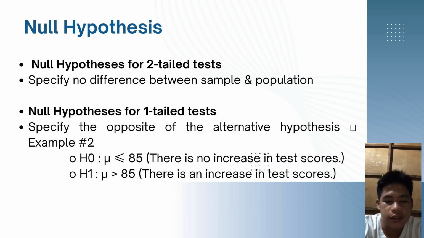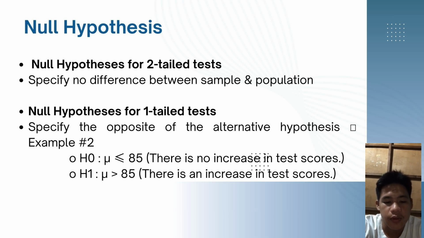Null hypothesis. In a two-tailed test, the null hypothesis specifies no difference between sample and population. For one-tailed tests, it specifies the opposite of the alternative hypothesis.